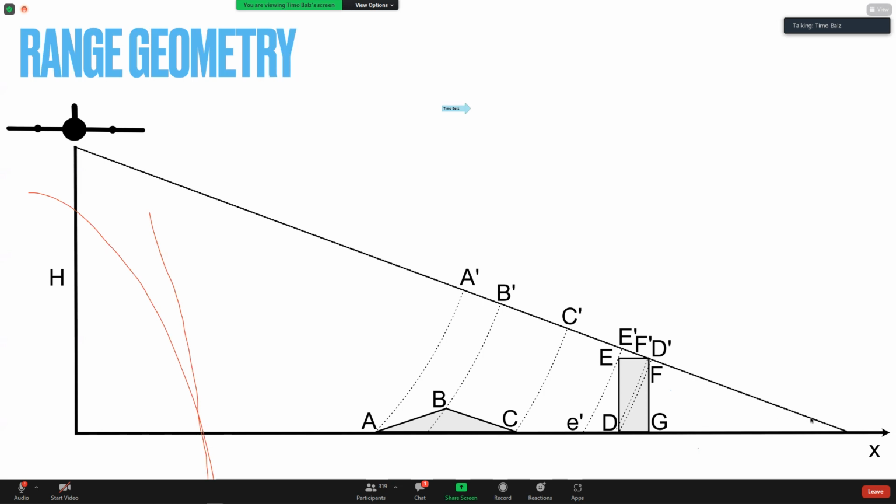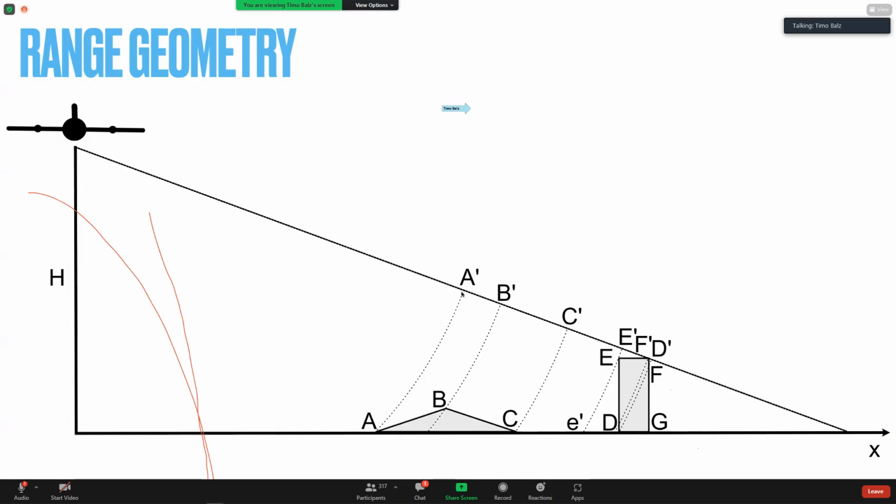So if we take a look here and we send our signal, the reflection from this point A would be on the slant range here, where we have A dash. And B, because it's a little bit closer to the sensor, you see that range here, this dotted line, that is the line of the same range, the iso-range line, if you want.